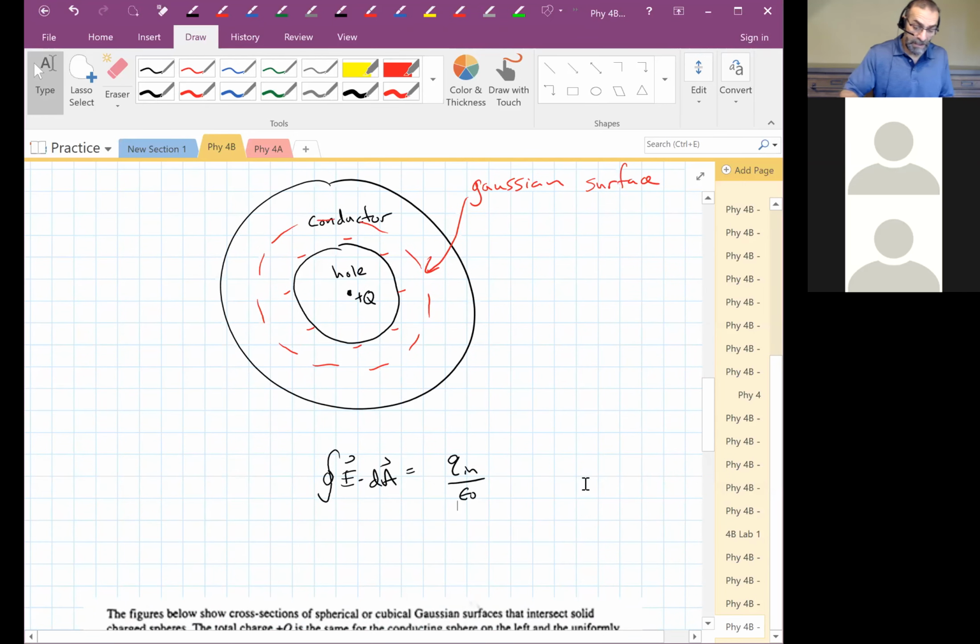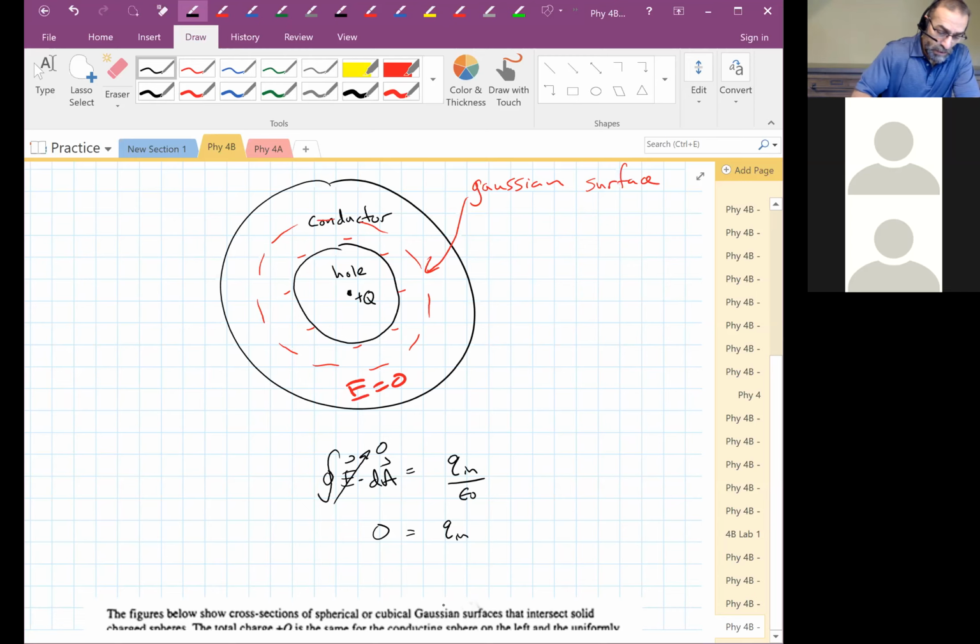So we know inside of a conductor in electrostatic equilibrium, the electric field has to be 0. So we have 0 on the left side of our equation. Epsilon naught is just a constant, right? So Q inside our shell has to be 0 according to Gauss's law.